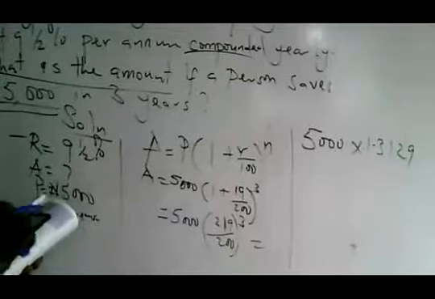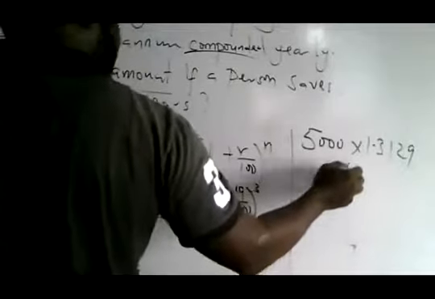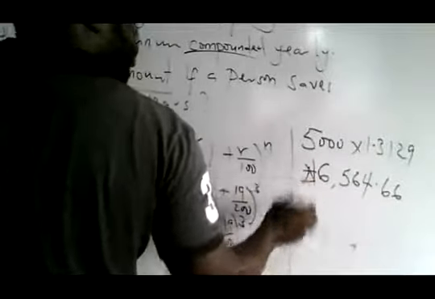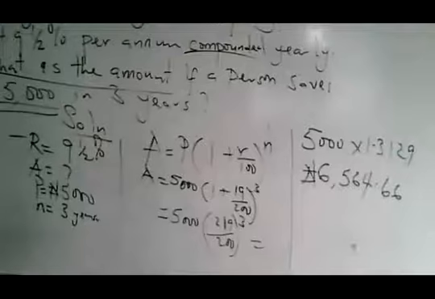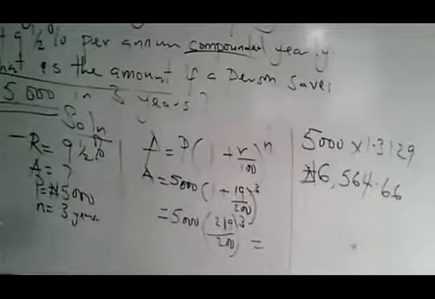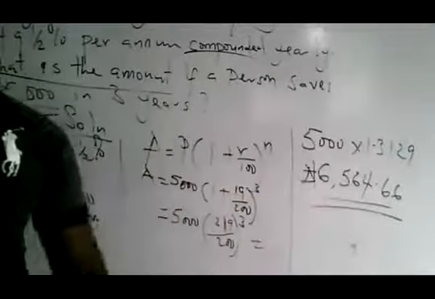If I multiply that by 5,000, this will give me 6,564.66 naira. So this is 6,564 naira and 66 kobo. That is the amount. So after 3 years of saving your wonderful 5,000 naira in a Nigerian bank, you get 6,564 naira at the end of the day.